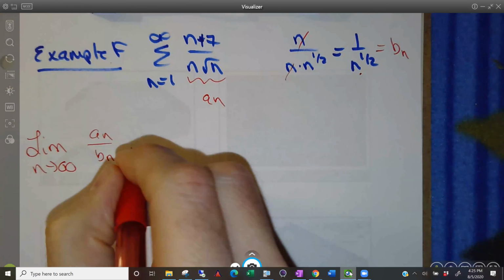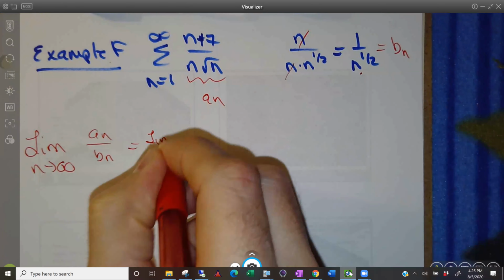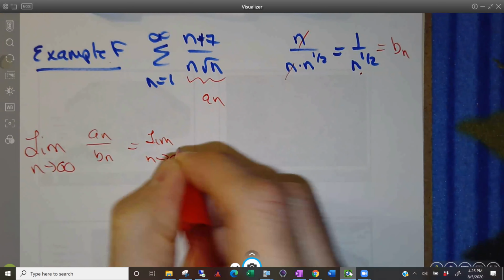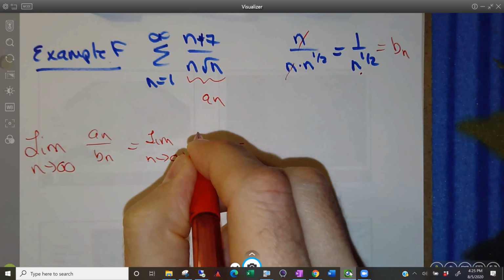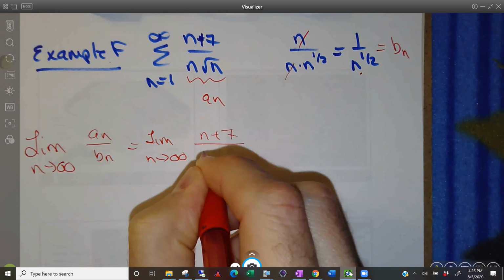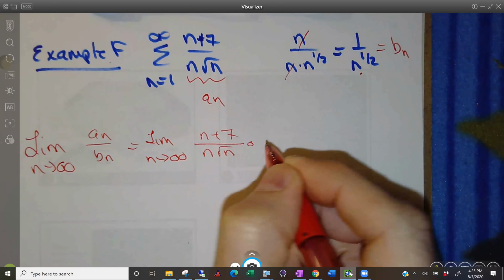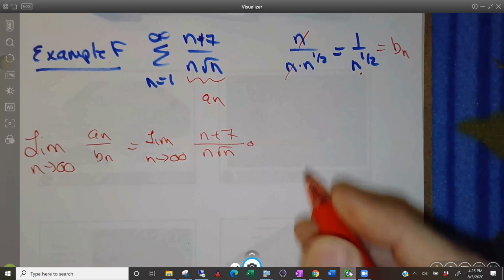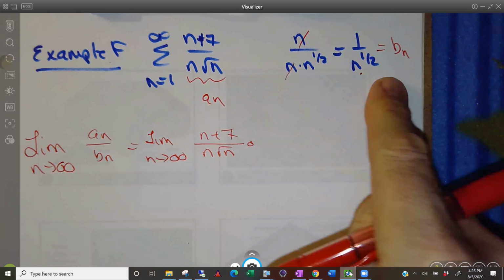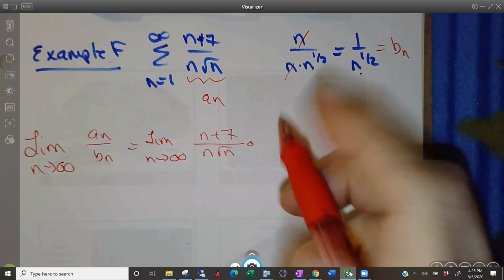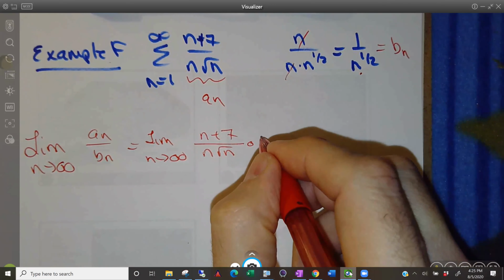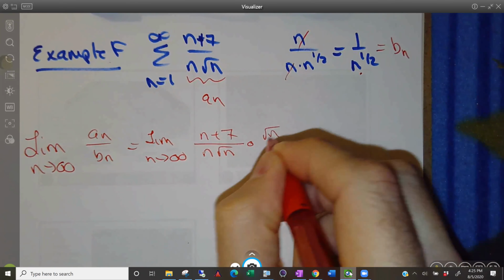So that's going to be the limit as n approaches infinity of (n plus 7) over n times square root of n, divided by 1 over square root of n. Well, dividing by a fraction is like multiplying by the reciprocal. So let me just multiply by square root of n over 1.